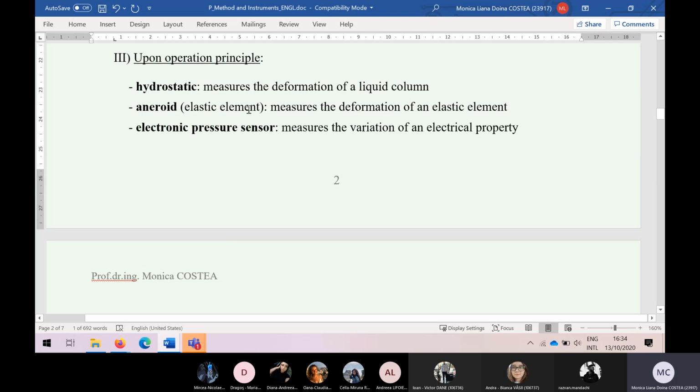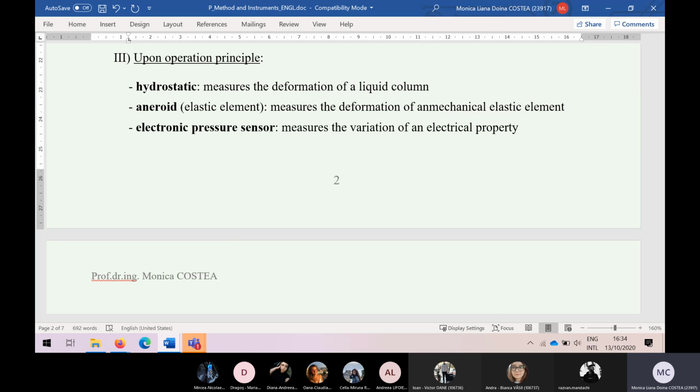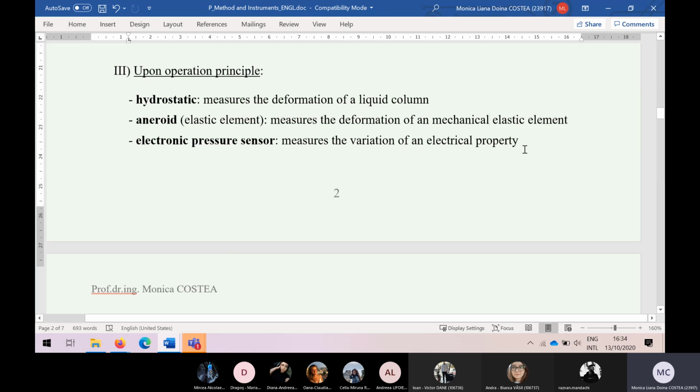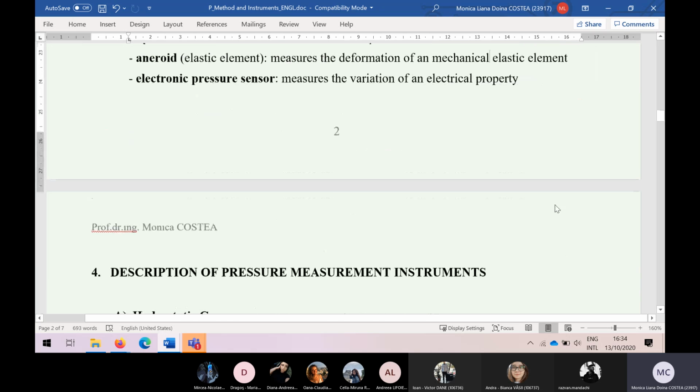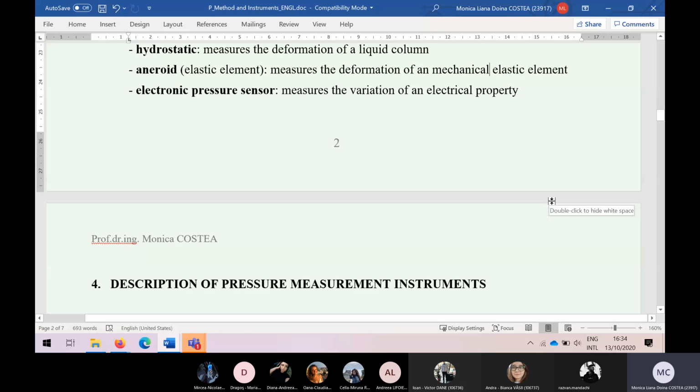For aneroid or elastic element, we have the deformation of this mechanical elastic element. And for the last one, we can use some electrical application, namely the passage from pressure to variation of an electrical property. This time there is not really the same idea of comparison with the atmospheric pressure, because it belongs to another category, but we mention it here as well.